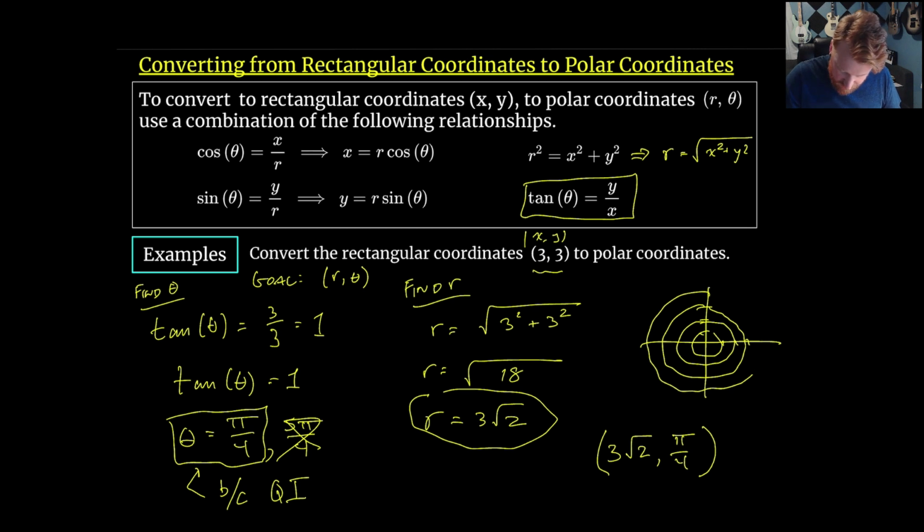I guess I could have used the computer to do any of these circles. But 3 square roots of 2 is just past 4. So we're going to go to pi over 4 and then go out 1, 2, 3, 4 and go a little bit more. So there is the point, 3 square root of 2, pi over 4 on our polar coordinates here. So there we go. Takes a little bit more effort and creativity to get what we want, but we've got it there.